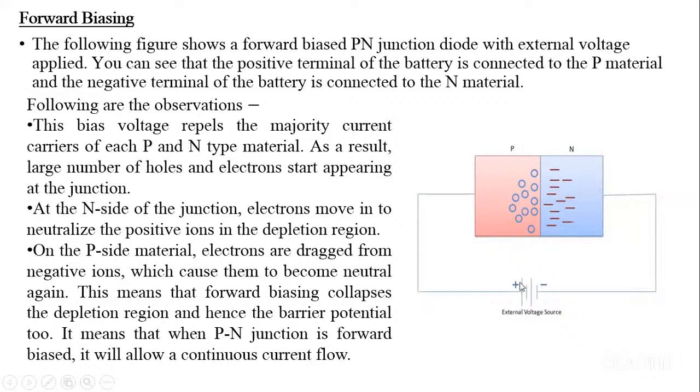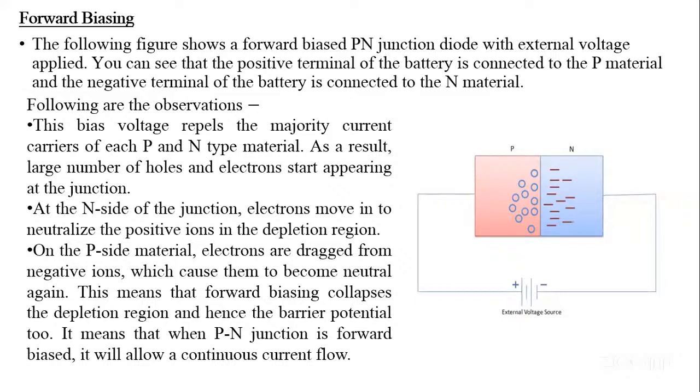Now what this does is that P is positive, the battery terminal is positive. So which means that there will be repulsion, like charges repel. So that principle will come into play.